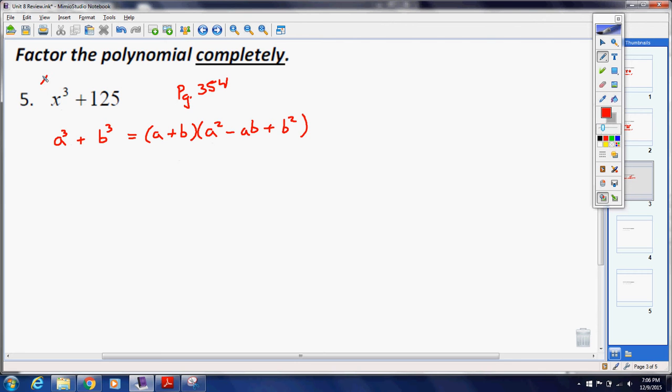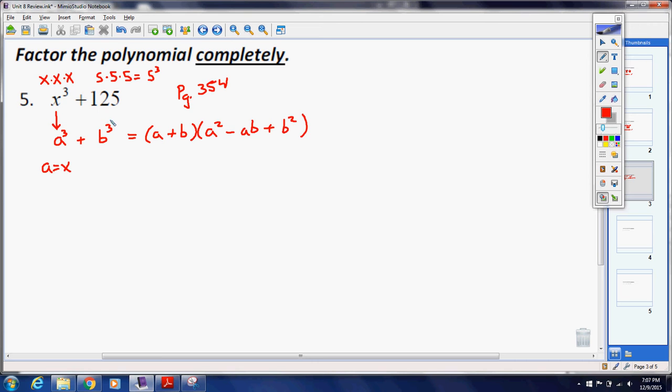Well, this is x cubed, or x times x times x. So this relates to that, so a is x in this formula. This would be x cubed, or a cubed. Then we have to figure out the cube root of 125. Well, 5 times 5 times 5 equals 125.